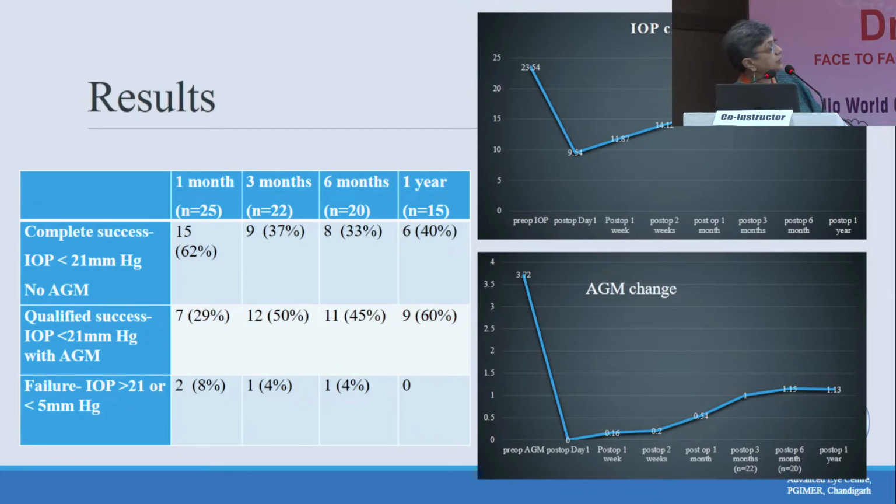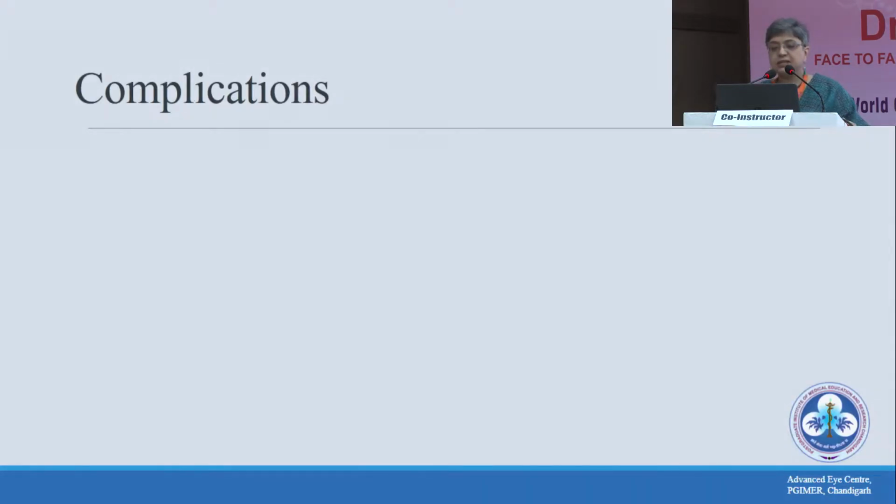But of those who had completed 1 year, the 15 of them, not one of them failed, and in fact 40% had a complete success without medication, and 60% required up to 2 anti-glaucoma medications. So far so good. And our first step now for a failed Bleph is always an ab interno before opening up the conjunctiva and going in.